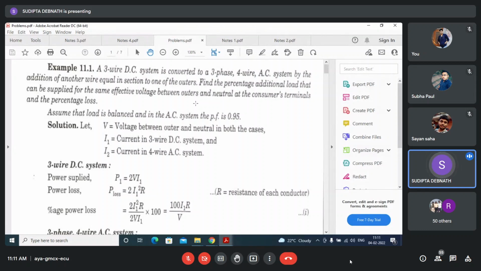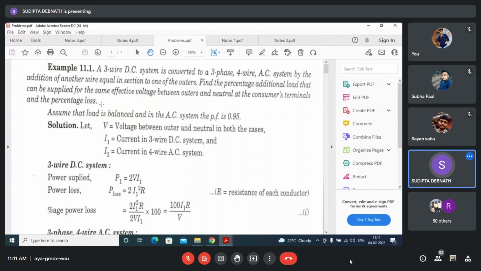Then you can easily consider that V in terms of what is given. So here the voltage between a conductor, outer and neutral, is given, that we have seen. Till now we have discussed considering this voltage only. And at consumer terminals, percentage loss.